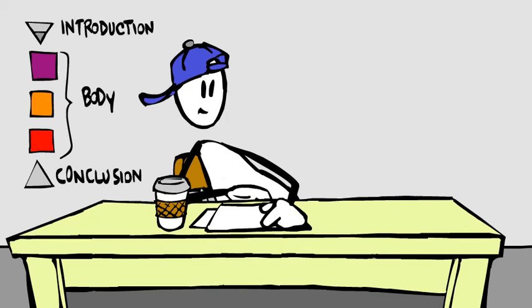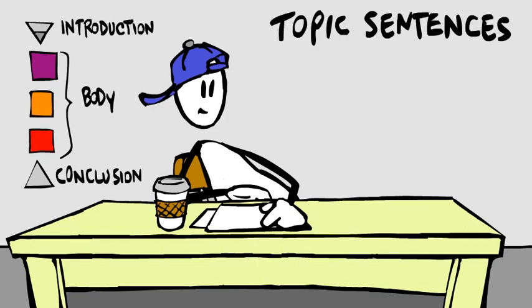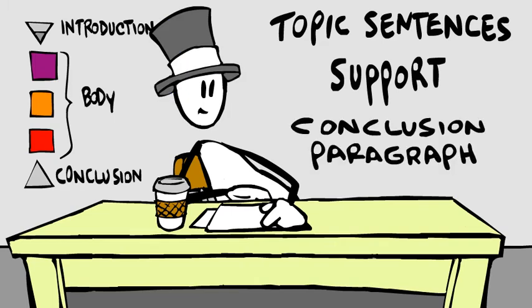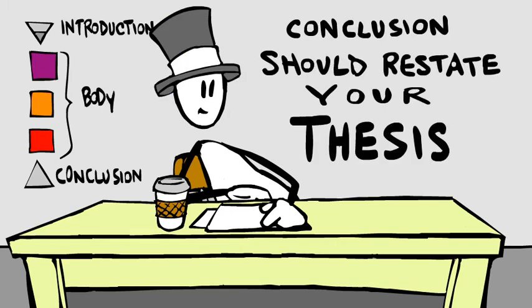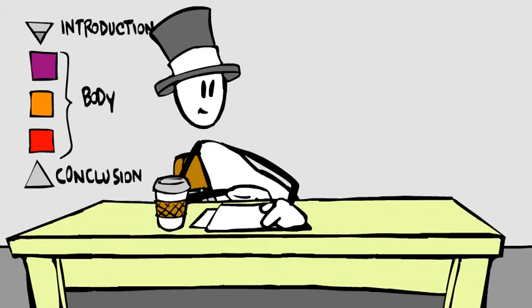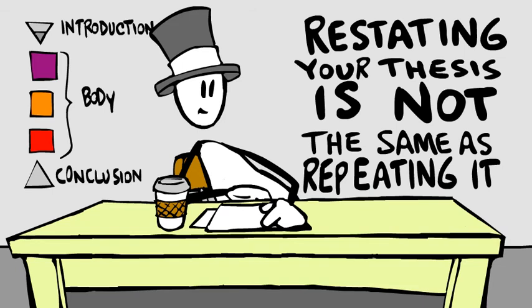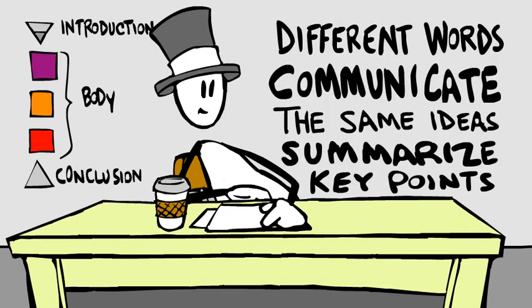Once your body paragraphs are complete with topic sentences and support, you need to formally end your paper with a conclusion paragraph. Your conclusion should restate your thesis. However, keep in mind that restating your thesis is not the same as repeating it. Use different words to communicate the same ideas and then summarize your key points.